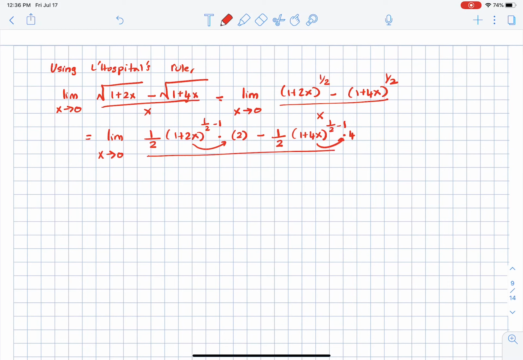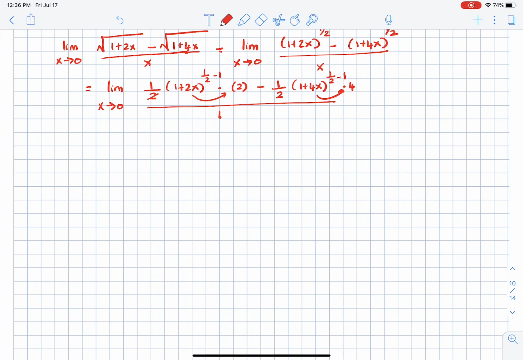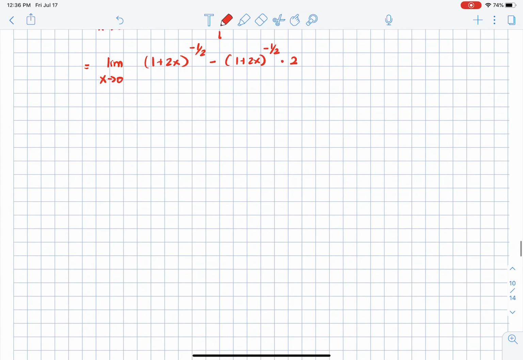The derivative of the denominator is simply 1. I can get rid of the 2's. I can get rid of the 2 and the 4 and put 2 there. So limit x approaches 0, 1 plus 2x raised negative 1/2 minus 1 plus 4x raised negative 1/2 multiplied by 2. Move things to the denominator.